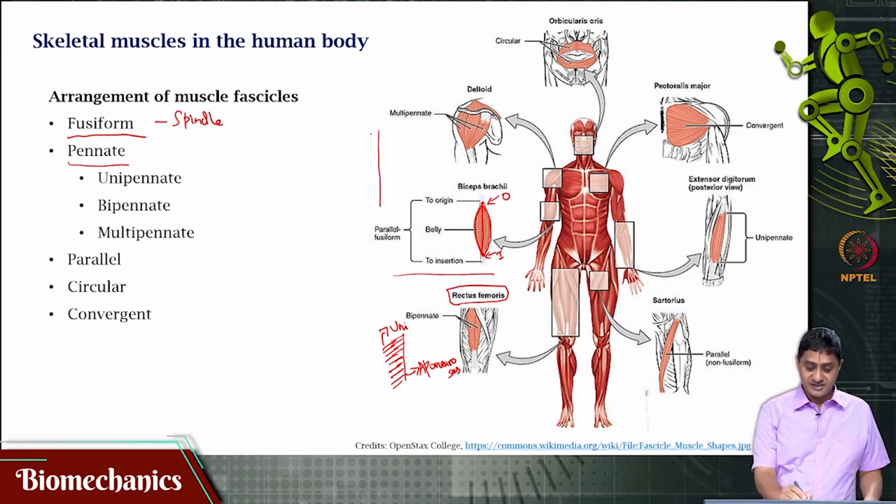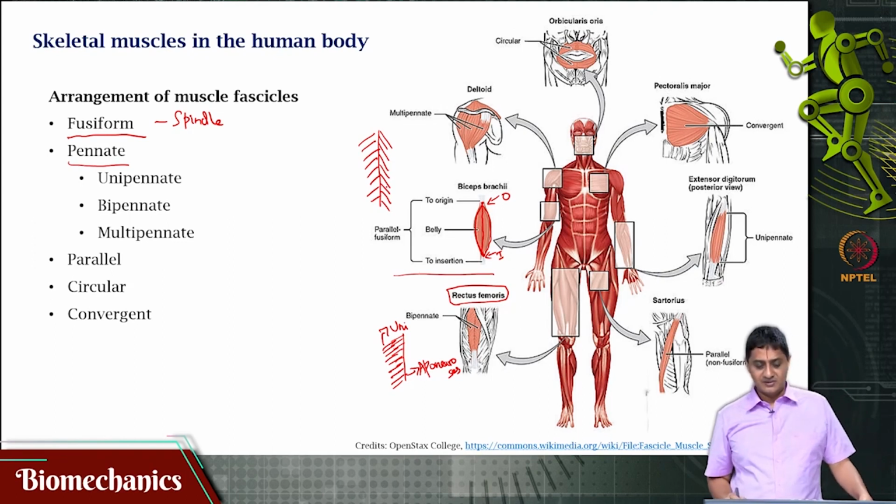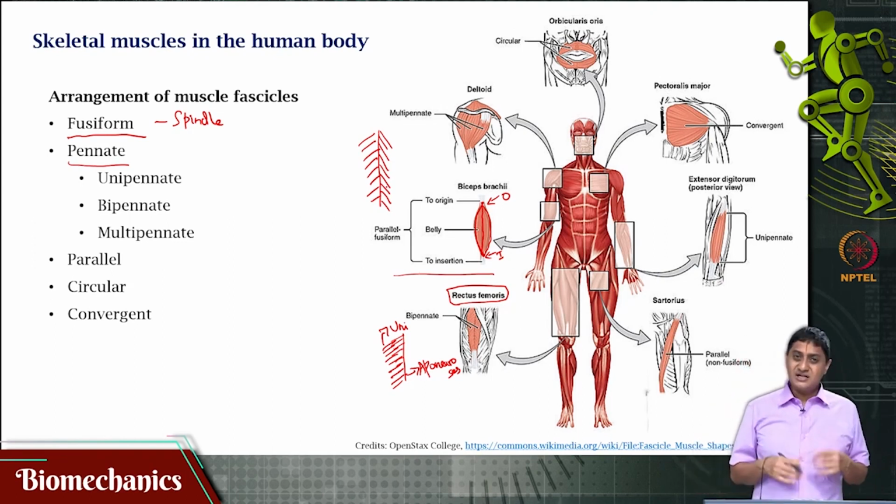So, if this is the internal tendon, it will have fibers that are parallel to each other attaching on one side, and fibers that are parallel to each other but inclined at an angle different from the other side, like this. This is a bipennate muscle. It turns out that there are many other ways in which this configuration can happen.